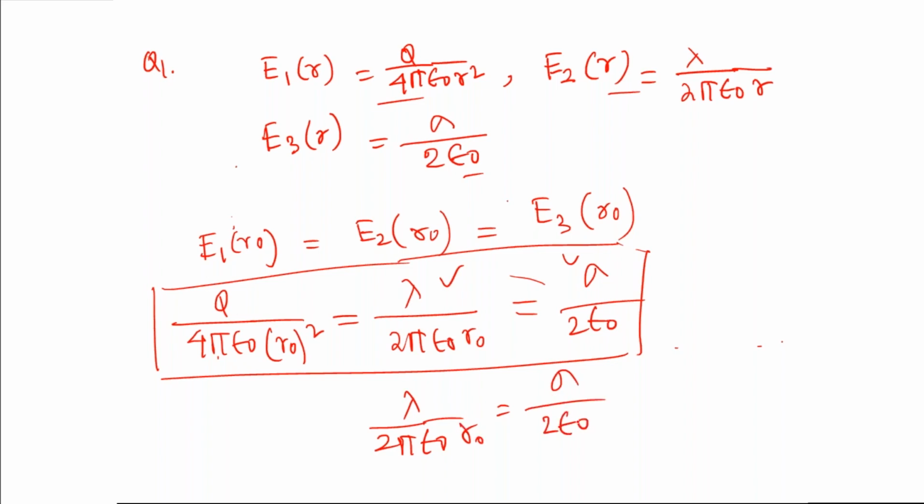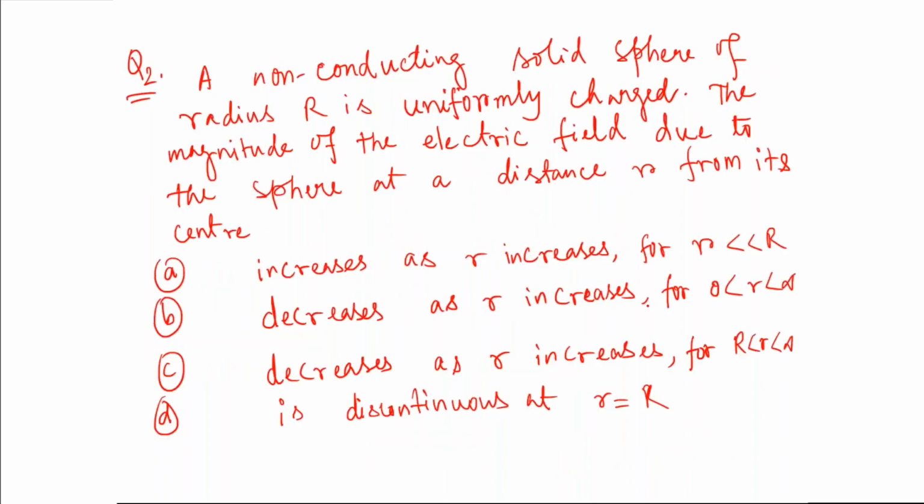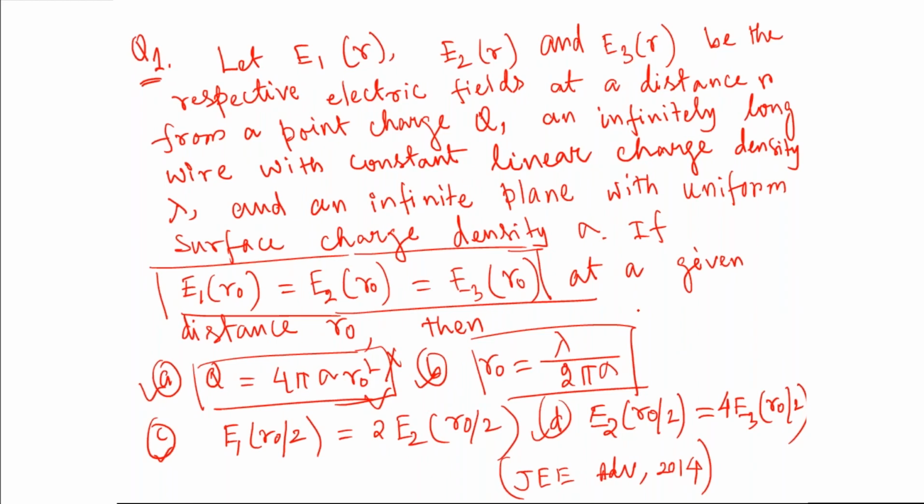Let us see what is R0 given here. Here it is given lambda by 2 pi sigma, but what we get is actually pi sigma, not 2 pi sigma. So the second option is also not correct.